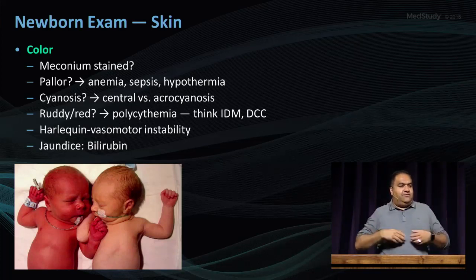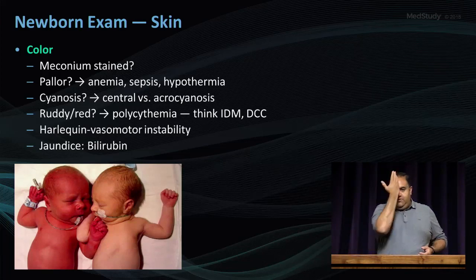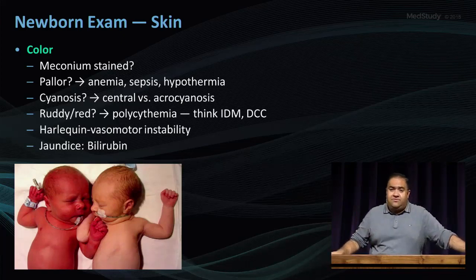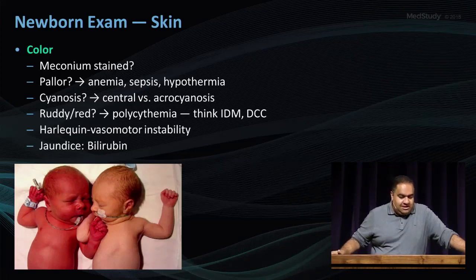It's really kind of odd. It doesn't follow any dermatome pattern at all, but if you just look straight down the middle, one half of their body is really plethoric and the other one is not. And those are the kids that are harlequin. Those kids are fine, actually. There are vasomotor instabilities that exist there, and they're short-lived, and they usually don't come back. So we don't worry too much about those.